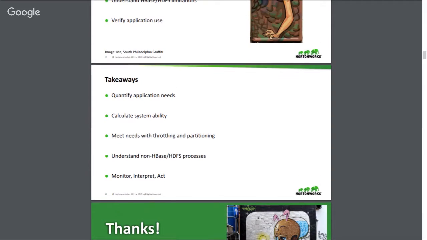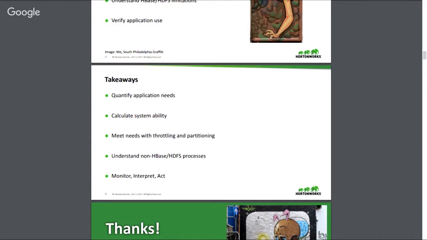So at the end of the day, when we're running HBase and we really want to support as many users as we can on this one system for the cost savings, we really need to understand what the needs of each application are.